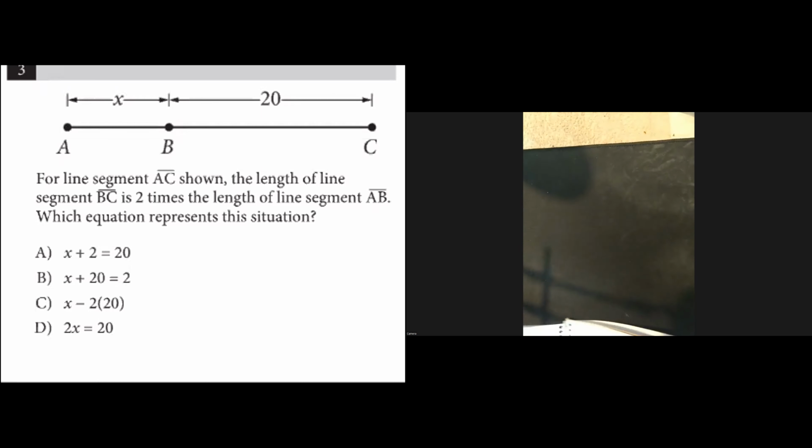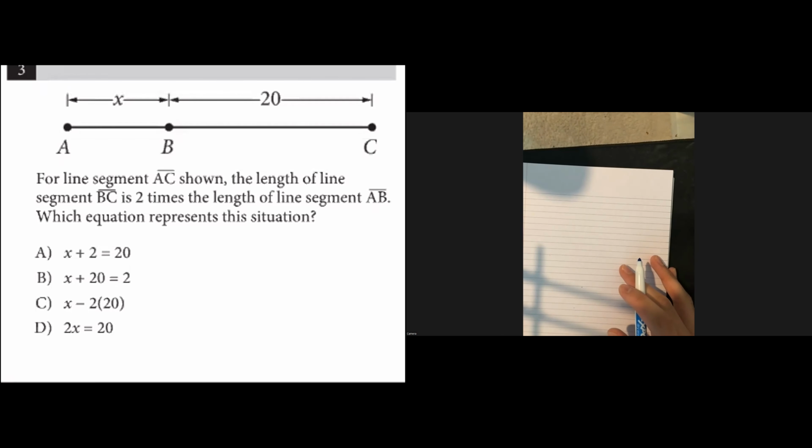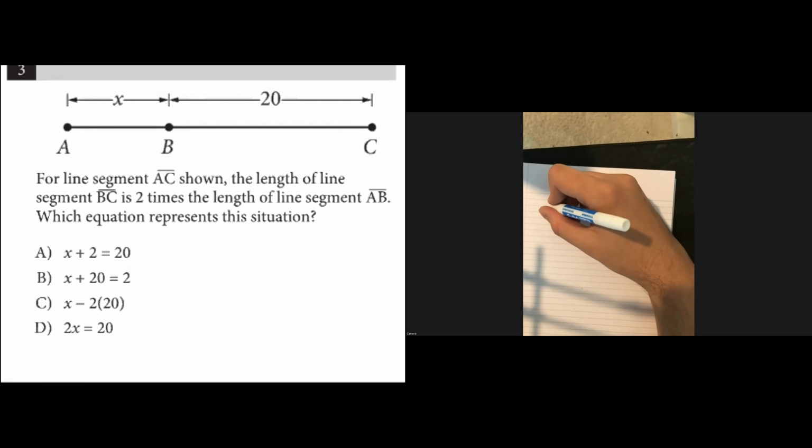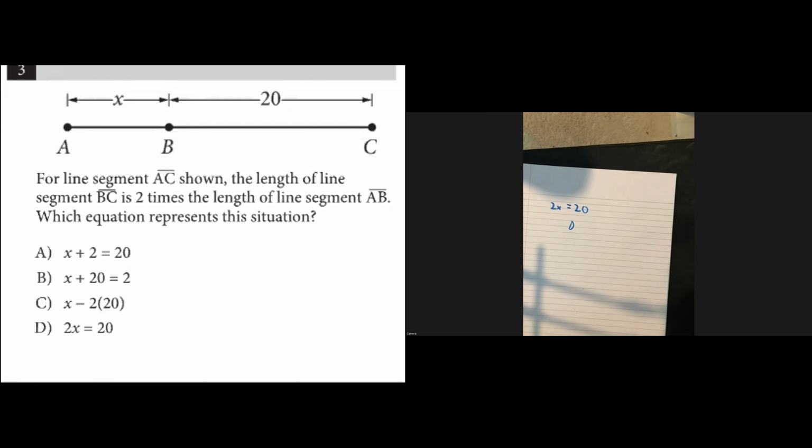So we know that BC is 2 times the length of AB, so 2 times X, because X is AB, equals 20, which actually corresponds to D. Remember, when it says represent this situation, it's asking for X in this situation.